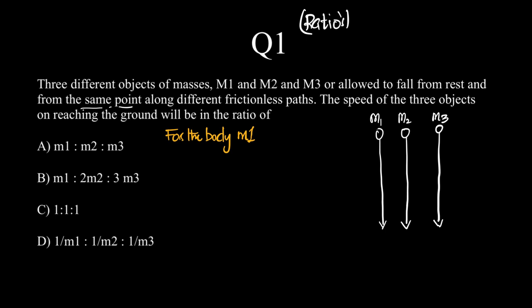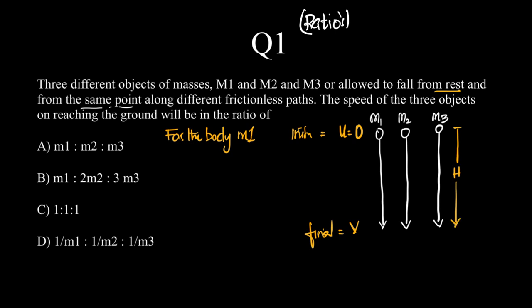The body is dropped from rest, so the initial velocity u is equal to 0 and it will hit the ground with some final velocity v. And what is the distance traveled? The distance traveled is the height from which the body is dropped. Is it given? No. So let us take that height as h.